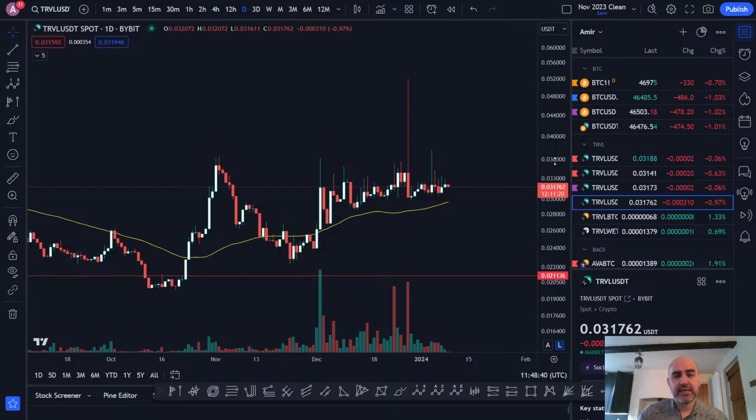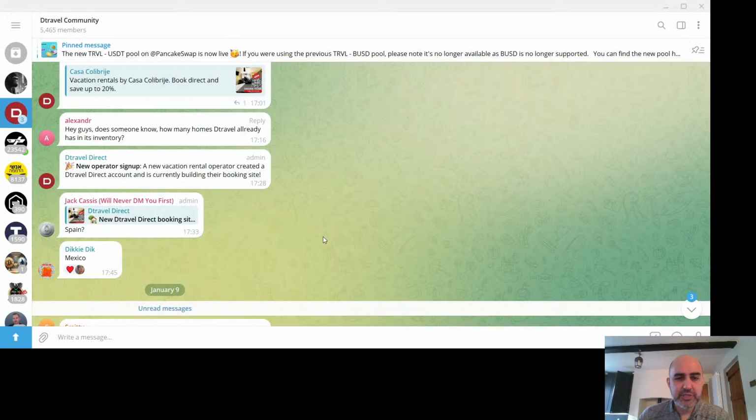And then obviously, we're keeping an eye on the Telegram to see if there are any updates and news. And there are updates and news, and that's why it's good for people to keep an eye on the Telegram.